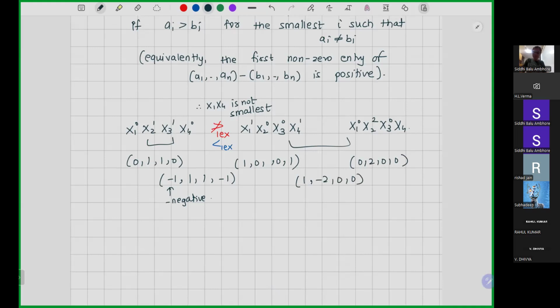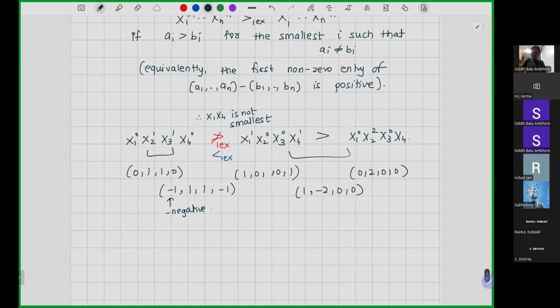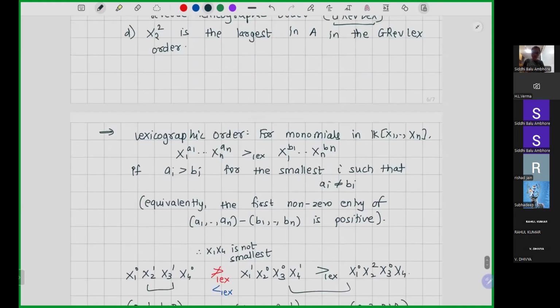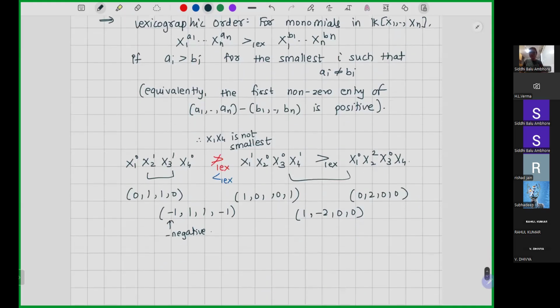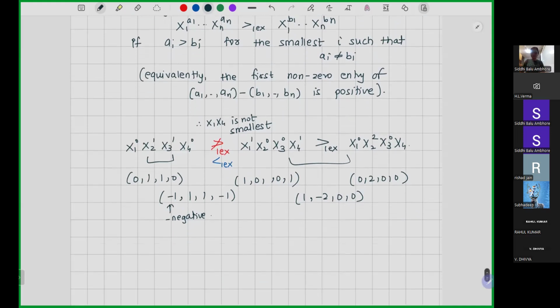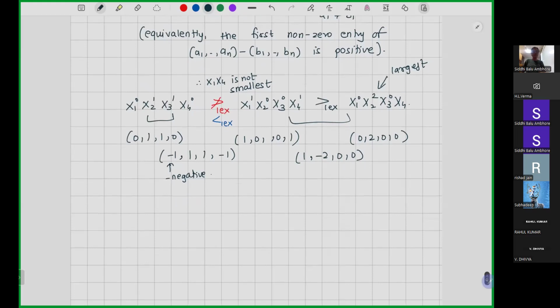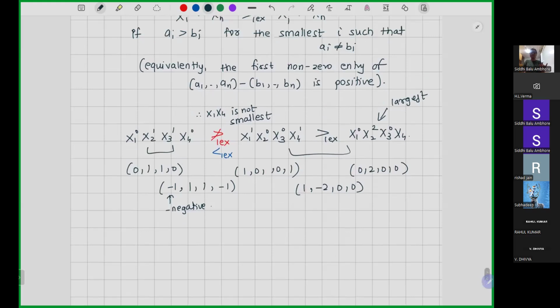So this is definitely greater than lex, and so as they have asked that x2 x3 is the largest, it is not true, because this one is the largest here. Is it okay? First one is not true.